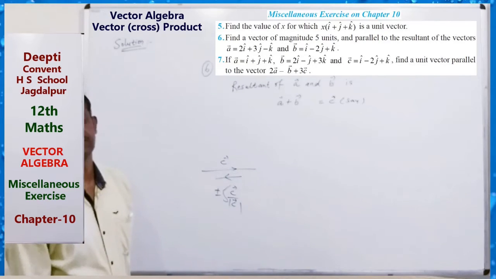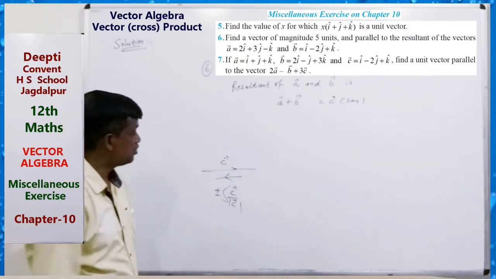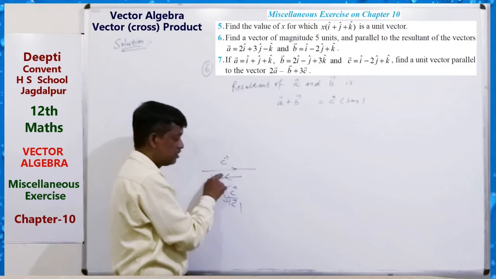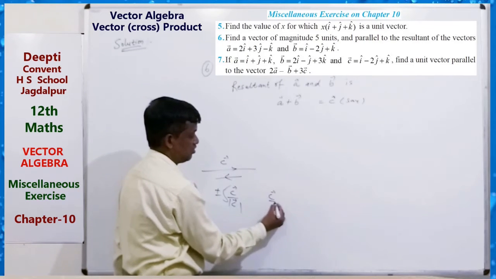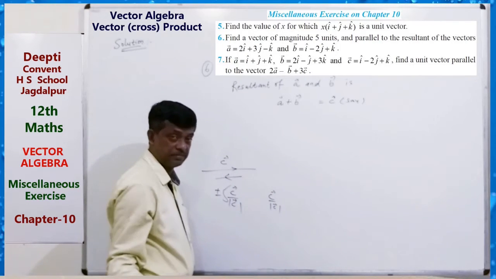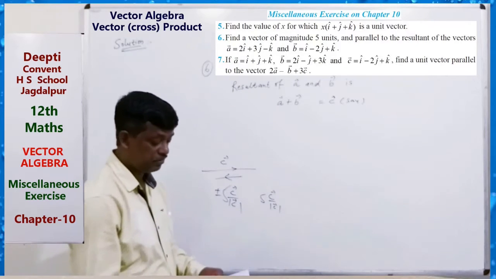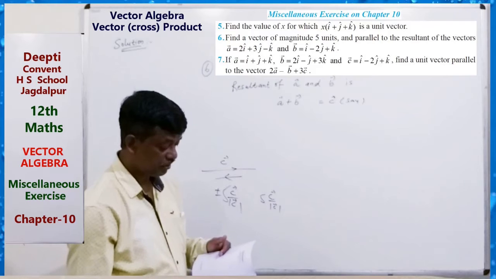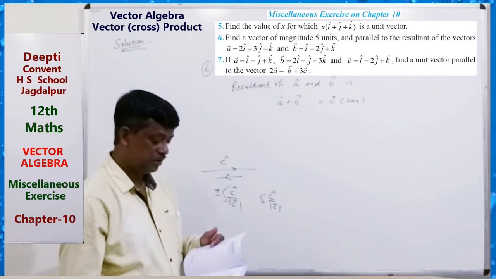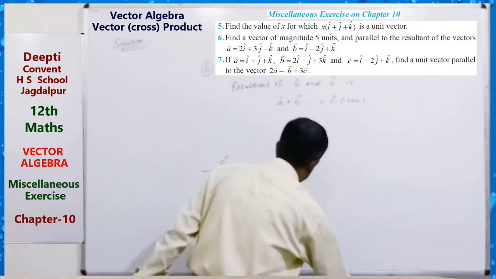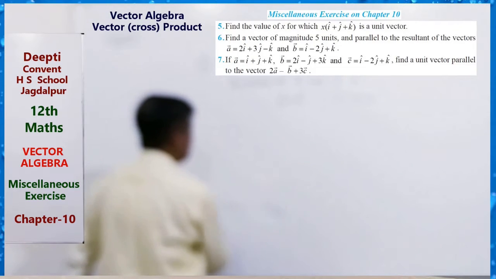This will be the answer because the magnitude will be 5. So in the direction of the resultant, just find the unit vector and multiply by 5. Here we have to find only a plus b, that is c.